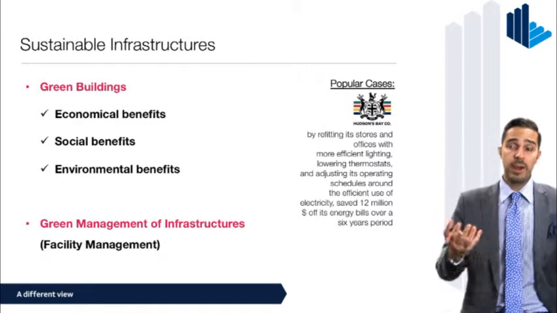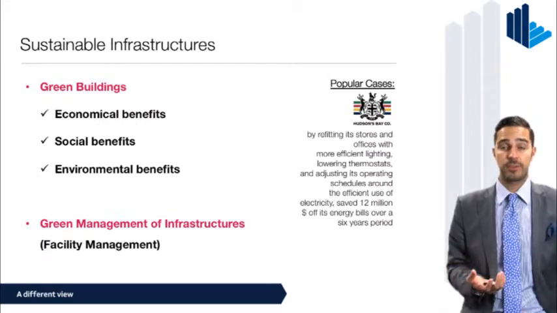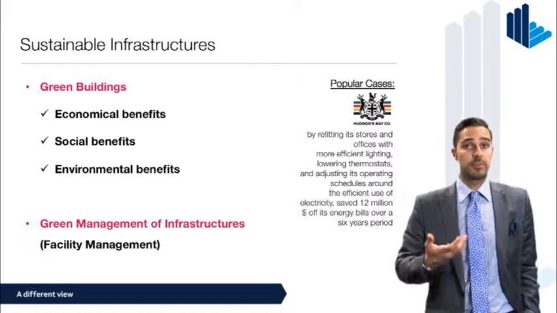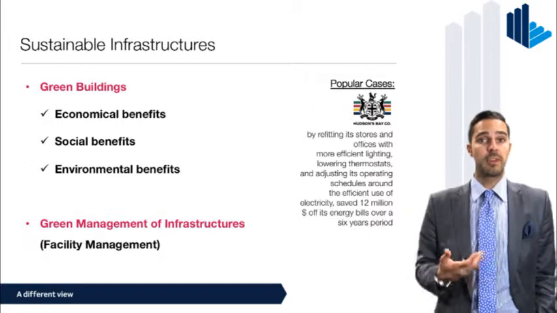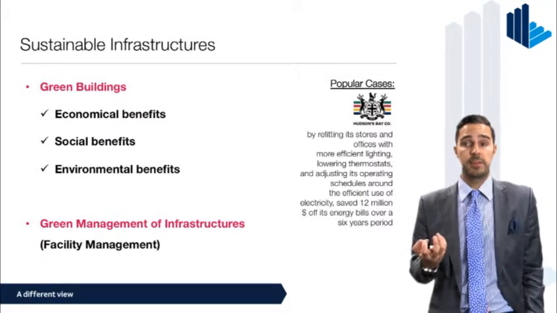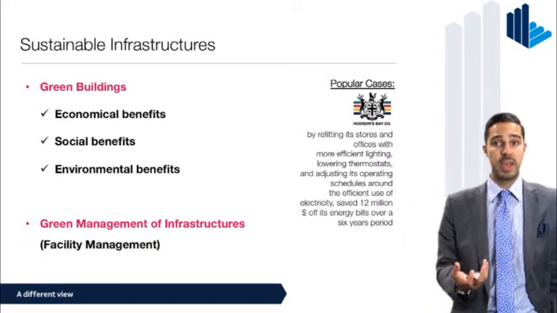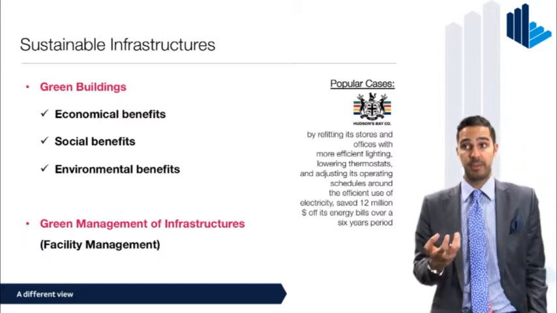Now we are discussing the secondary processes, so for example the infrastructures. Of course, there is a lot to do in terms of improving the sustainability of infrastructures. This is really about designing them in the proper way and managing them in the proper way.